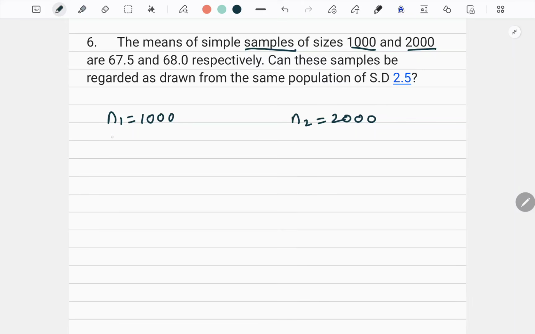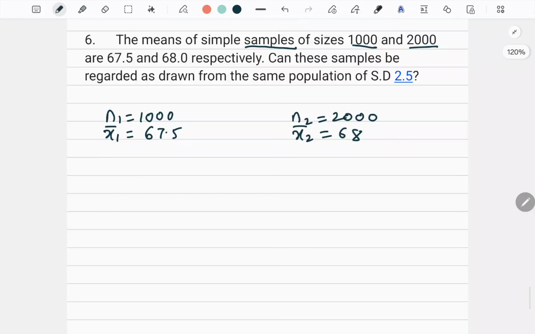And the means are x1 bar is equal to 67.5, x2 bar is equal to 68. Can these samples be regarded as drawn from the same population of standard deviation 2.5? Means one sigma is given, so sigma 1 is 2.5, sigma 2 is also 2.5.